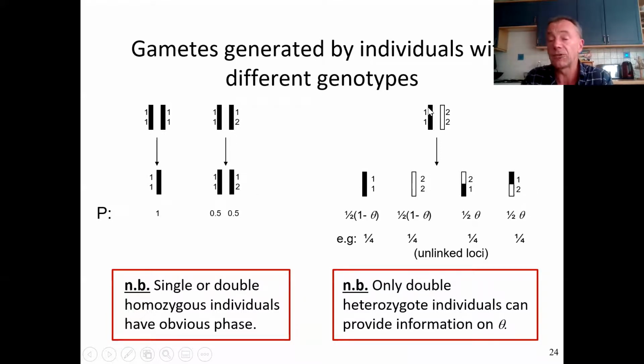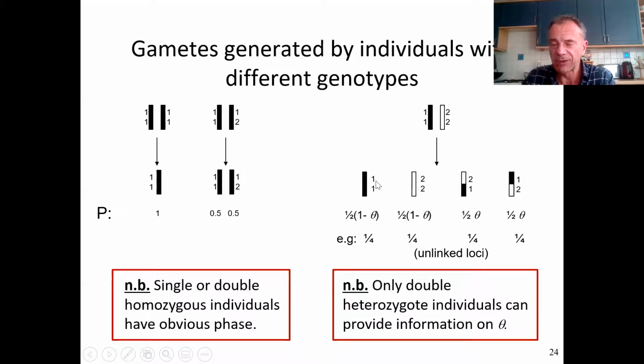On the other hand, if we have these two, then if they're in this phase, which we might know or not know, but let's assume that we know that they're in phase. This is the phase: 1 with a 1 and 2 with a 2. What is the probability of receiving this haplotype? Well, it's a half that you get this first one, because it could be this one or it could be this one. Then, if the recombination fraction is theta, we write the recombination probability as theta, the probability that you get a recombination.